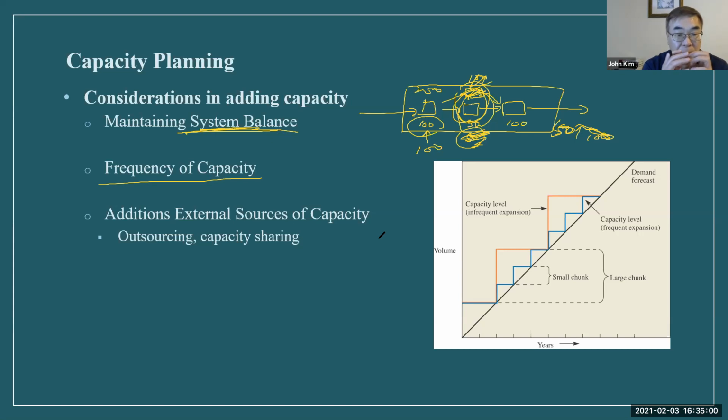If we can increase our capacity internally, then we use internal resources. But sometimes the company's ability to increase capacity internally may not be there. In that case, use others. There are two methods using external resources: outsourcing or capacity sharing.